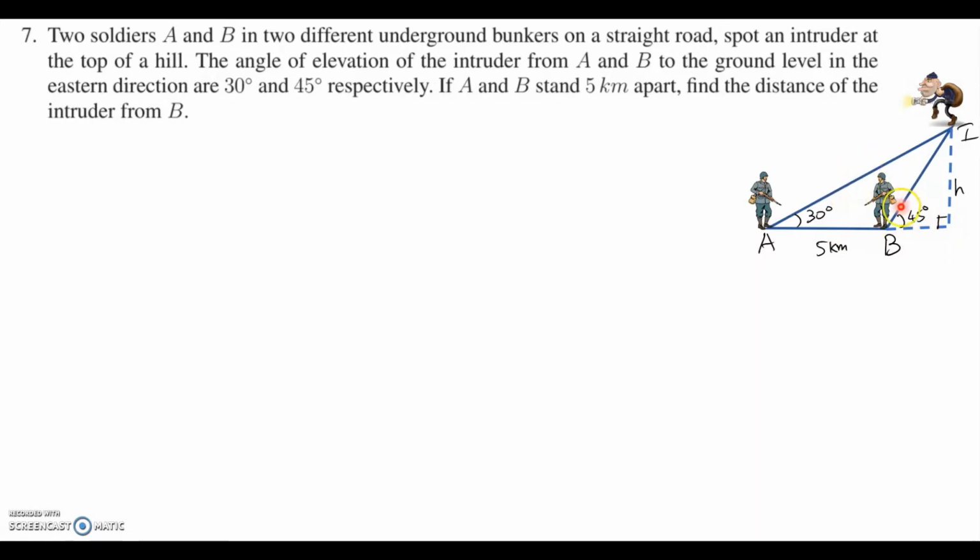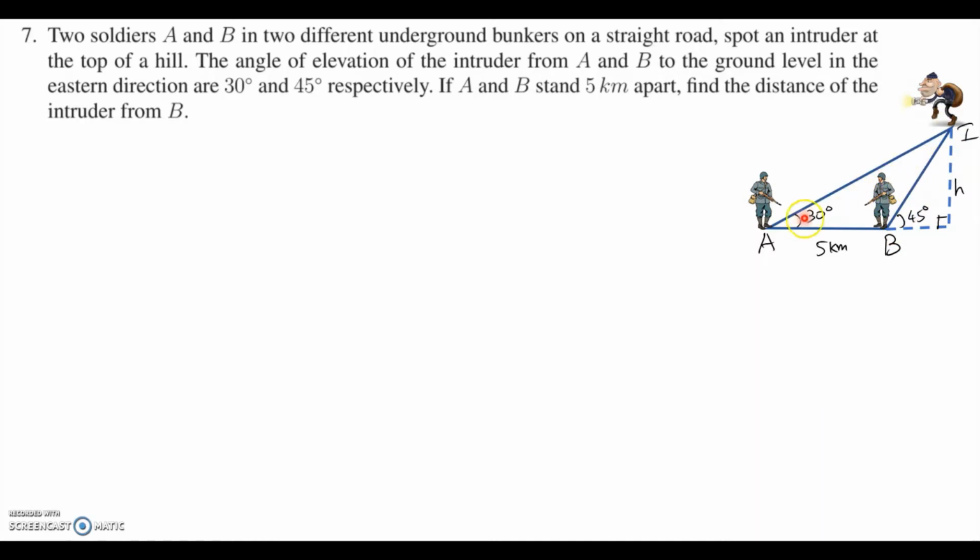Then from the soldier B, the angle is 45 degrees, again in the eastern direction. So this is what is given to us. If A and B stand 5 kilometers apart, find the distance of the intruder from B. We need to find the distance of the intruder from B.